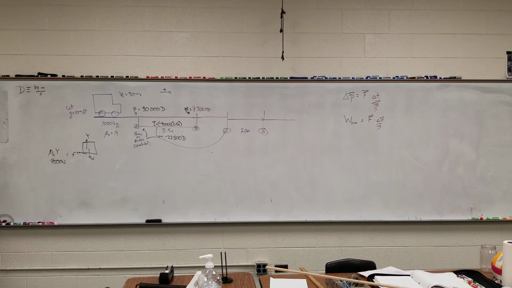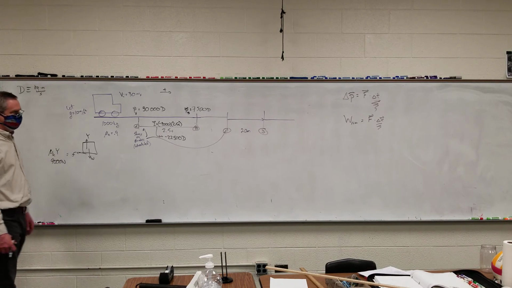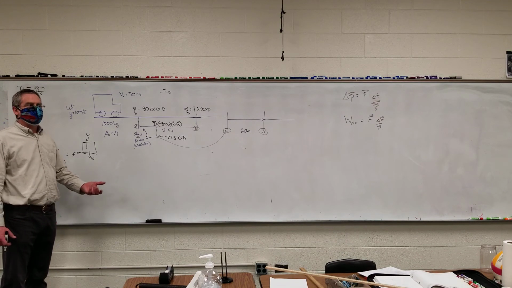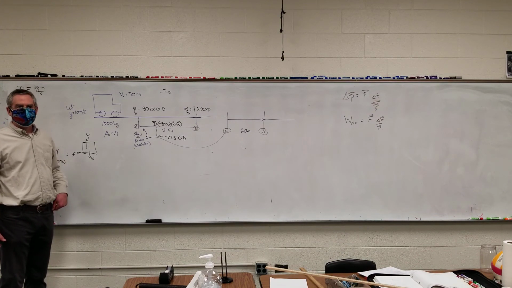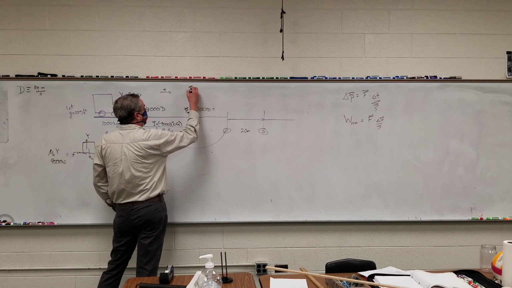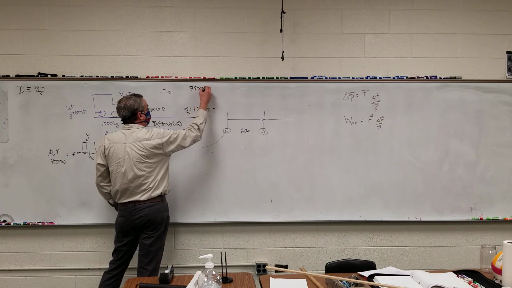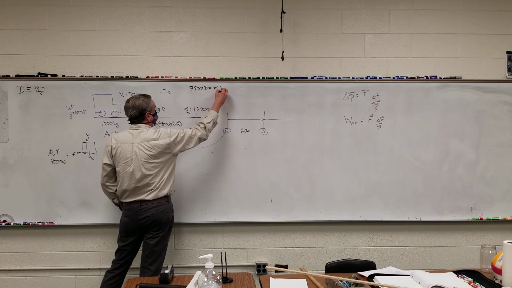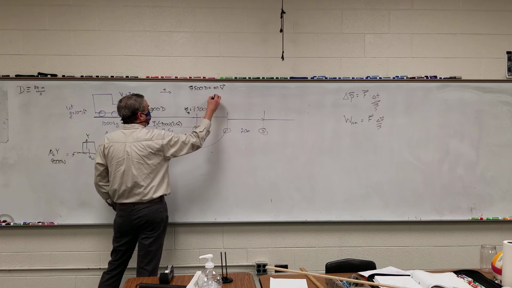Or how would I find it? All right, what's the formula for momentum? Mass times velocity. So 7,500 Descartes is equal to the mass of the vehicle times the velocity of the vehicle at point B.